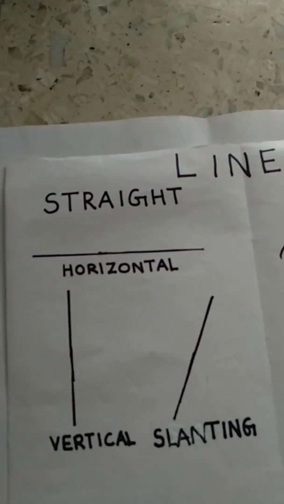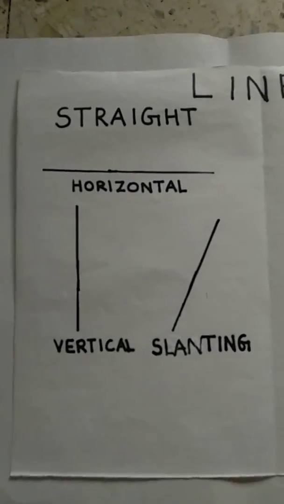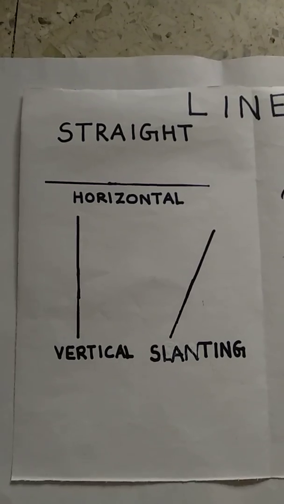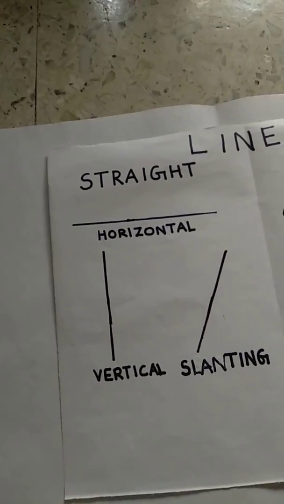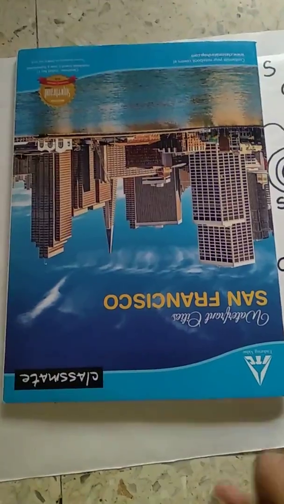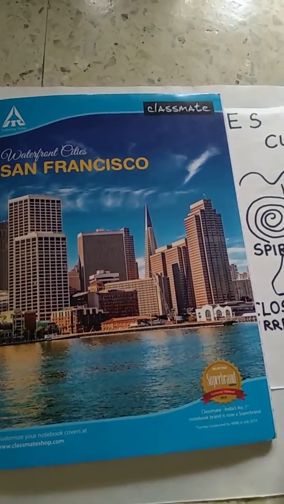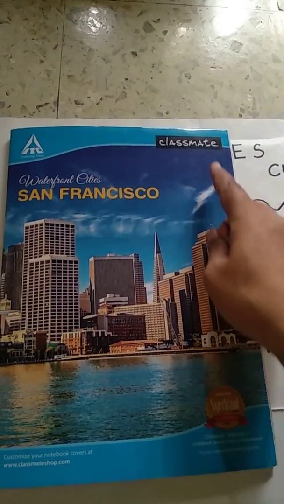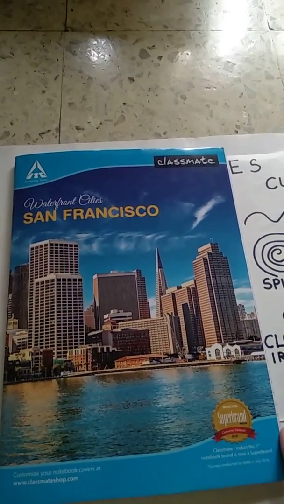All right. Now, let us see some examples from real life of these straight lines. Look at my notebook. Now see, my notebook is made of straight lines. There is one standing line over here.